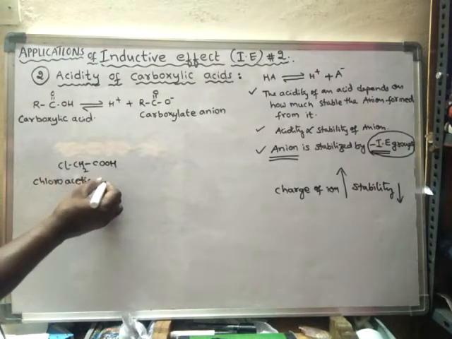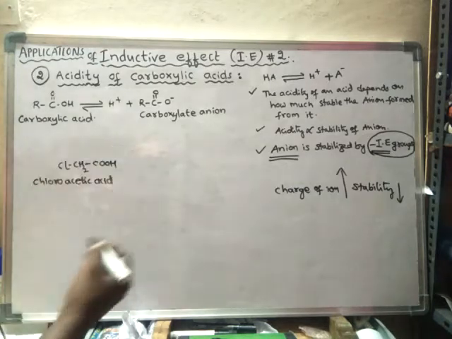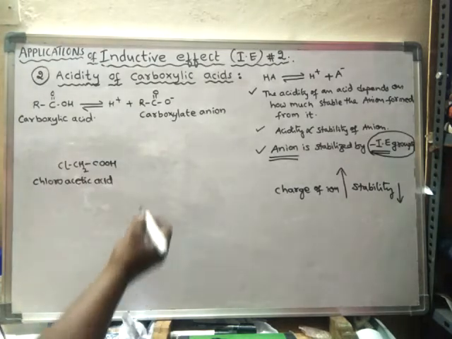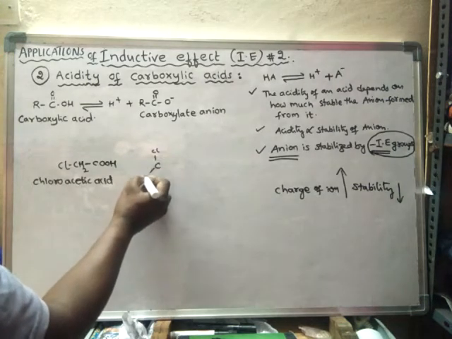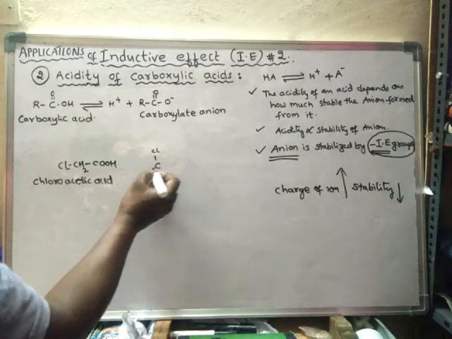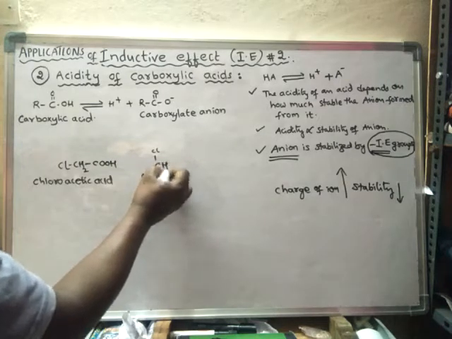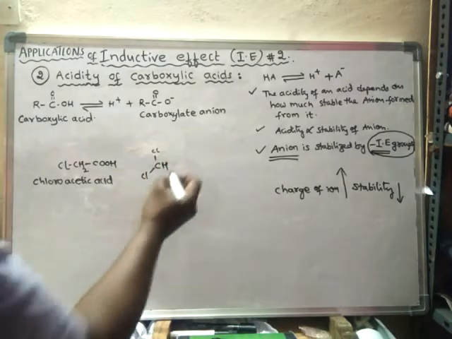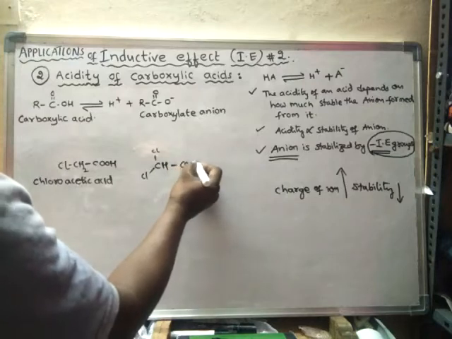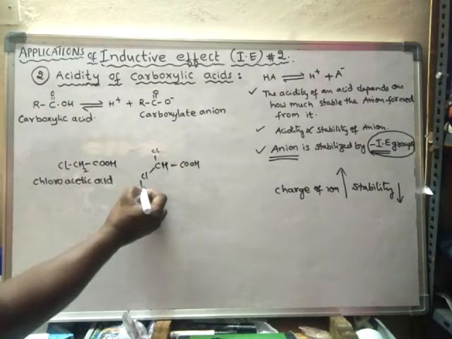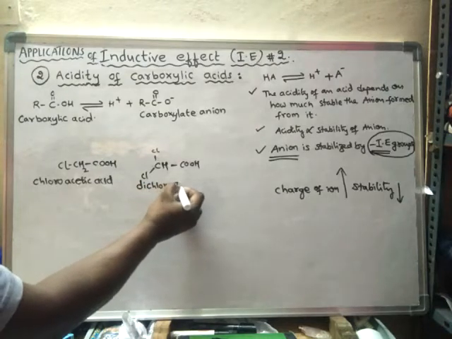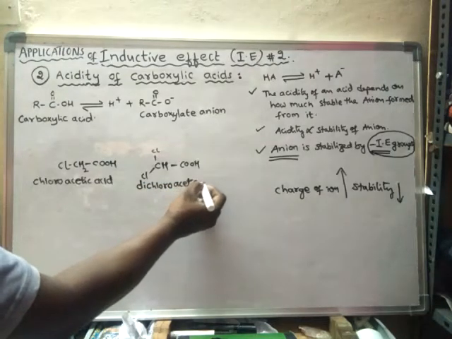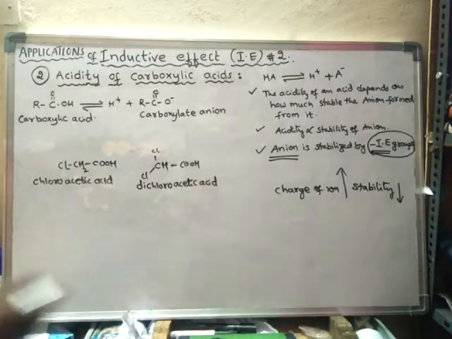Chloroacetic acid. Okay. Suppose two hydrogens are replaced by two chlorines like this, so there are two chlorines replacing the two hydrogens. Let us assume COOH. Now it is called dichloroacetic acid.